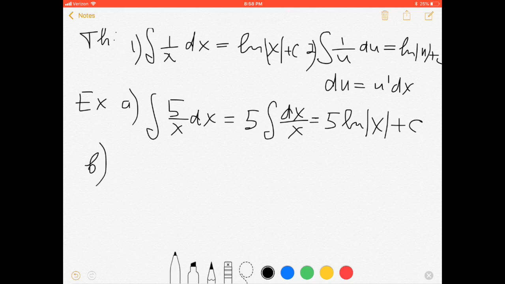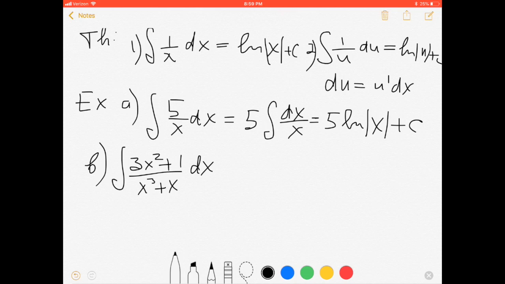B, what happens if you have something a little bit more complicated? The integral of 3x squared plus 1 over x cubed plus x dx.